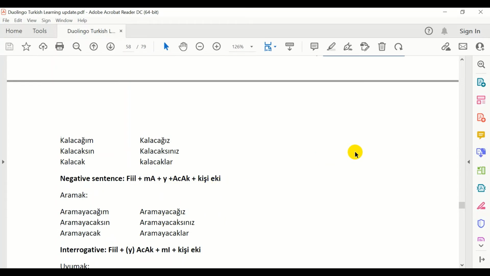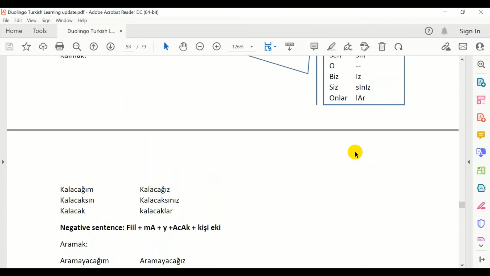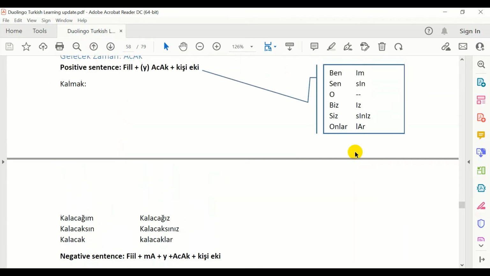See, it's a general structure actually with all tenses. In positive sentences: first verb, then tense suffix, then personal suffix, and in negative, only before the tense suffix you are adding the negative suffix. That is all. Here's the general structure.